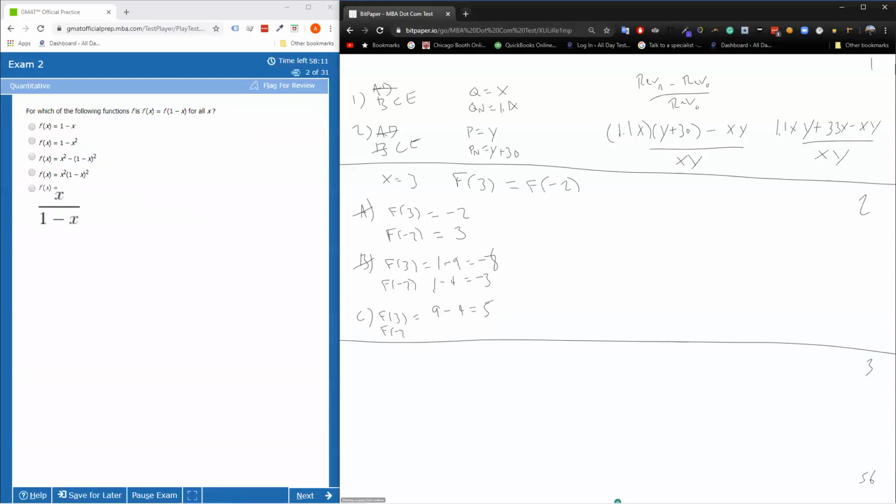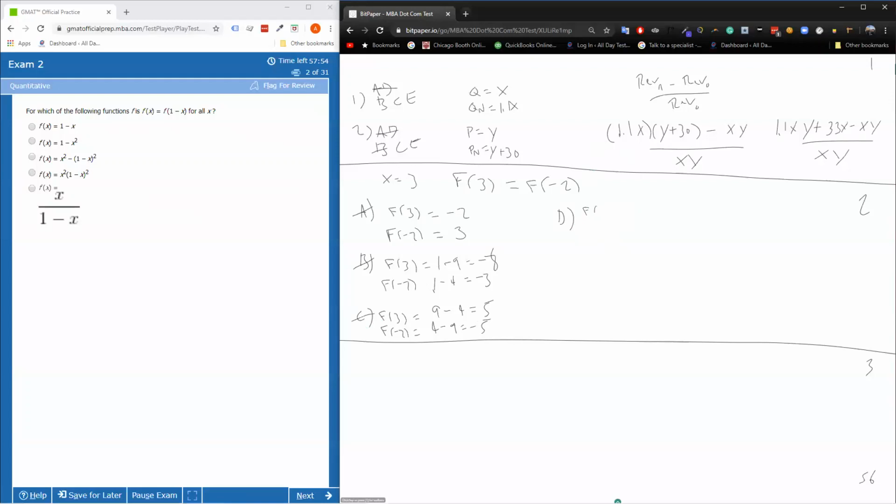F of negative 2 is equal to 4 minus 9, which is equal to negative 5. They're not equal. Eliminate C.